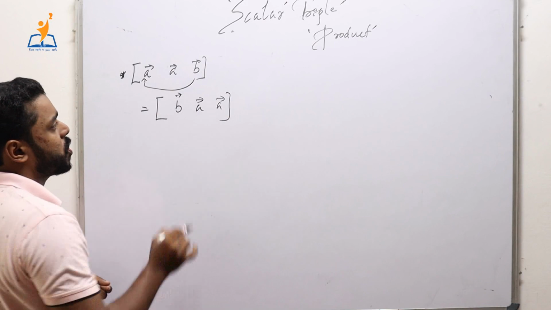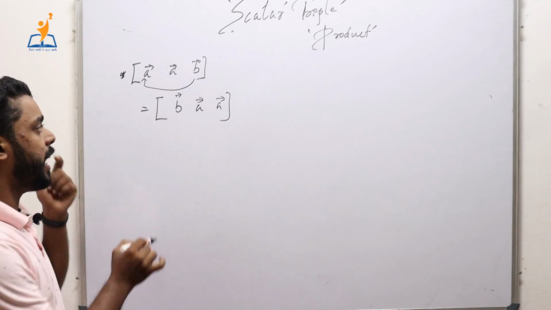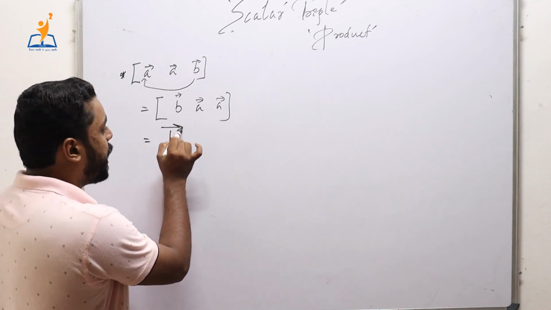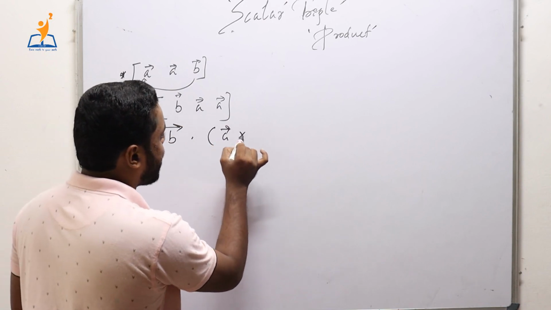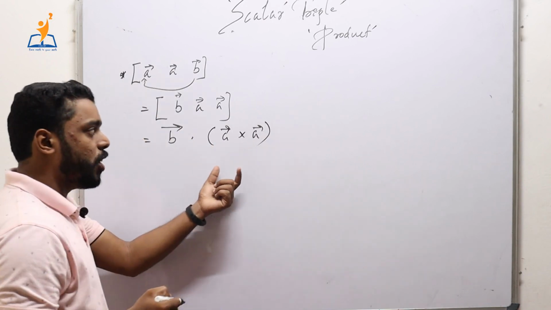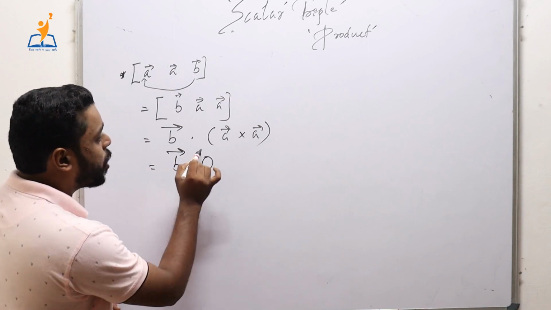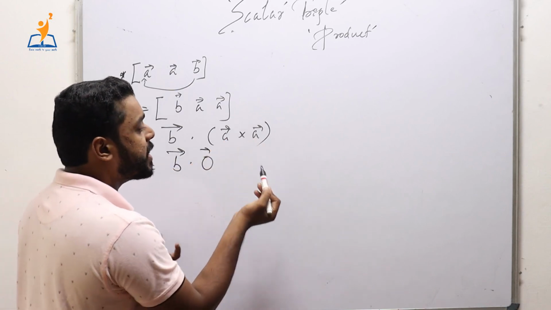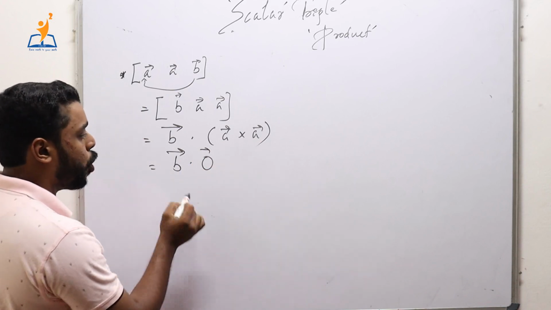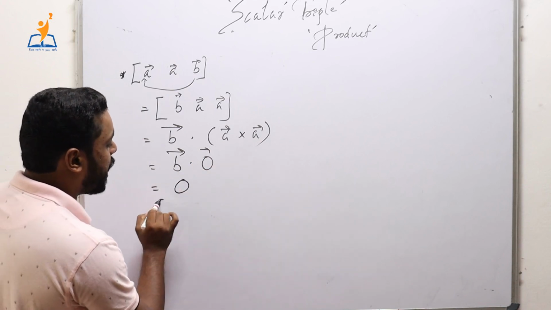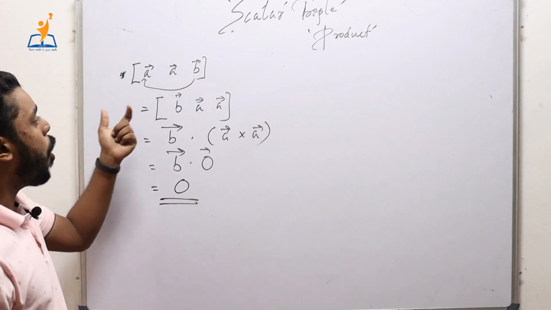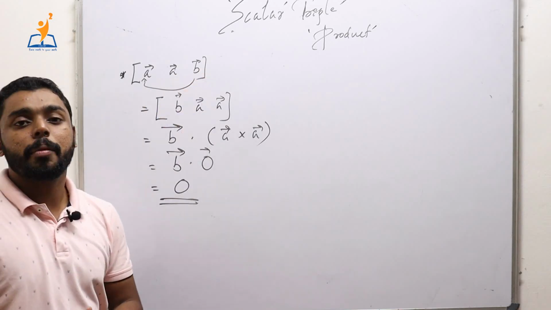This is a cyclic transformation. So BAA is nothing but B dot A cross A, right? Now easily you can say that A cross A is nothing but 0, because the angle between A and A is 0, and sin 0 is 0, so A cross A is 0. So B dot 0 is nothing but again 0. So box AAB is equal to 0.